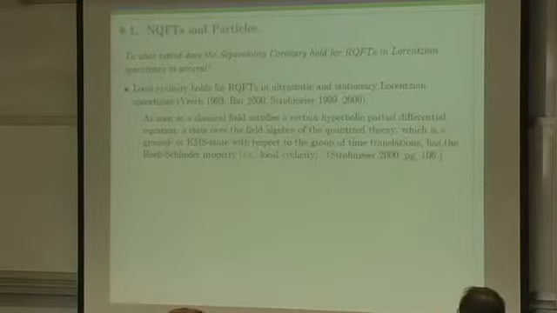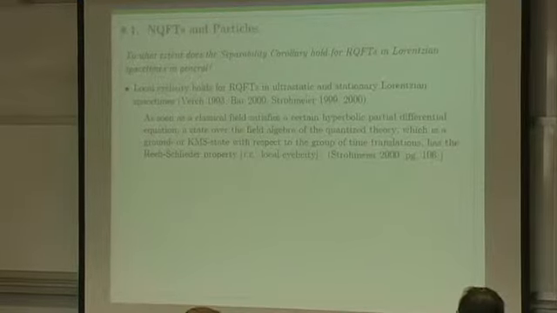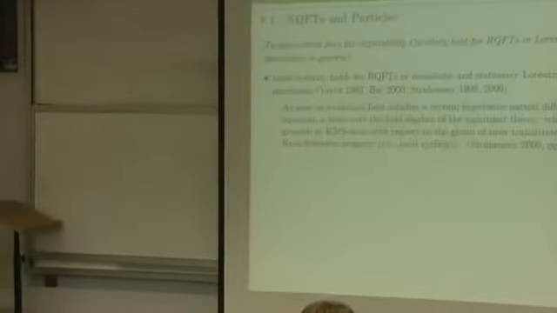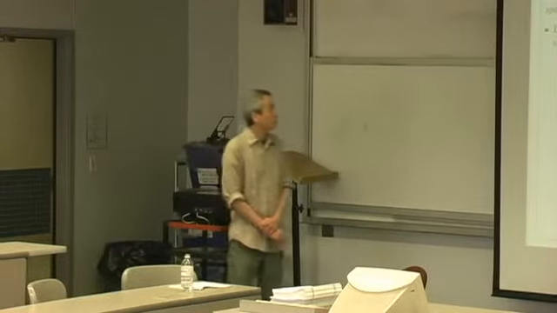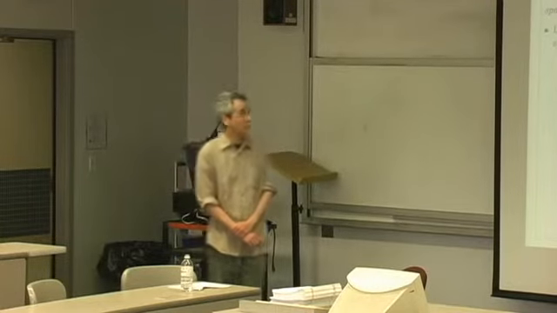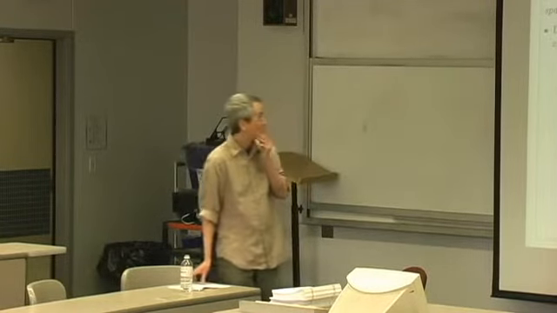One of these authors, Strohmaier, states the following: as soon as a classical field satisfies a certain hyperbolic partial differential equation, a state of the field algebra of the quantized theory, which is a ground or KMS state with respect to the group of time translations, has the Reeh-Schlieder property, what I call local cyclicity.